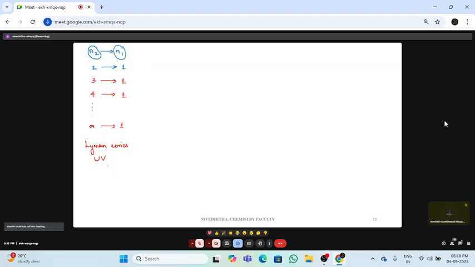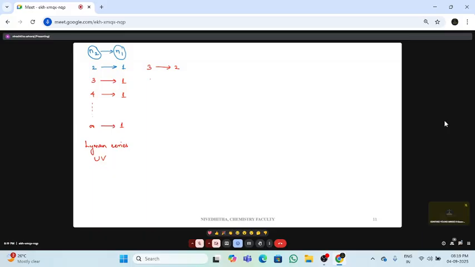Now I'm going to talk about another set where the electron is coming to the second energy level. If the electron has to come back to the second energy level, what will be the minimum excited state? From which energy level can it come back to the second? Minimum, very good, the electron has to be in the third shell.